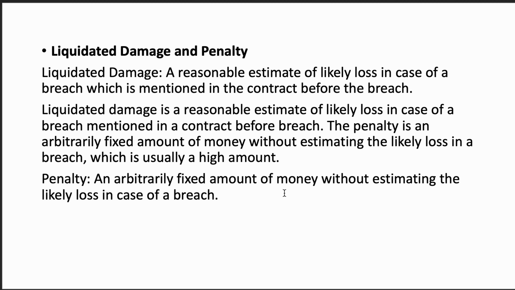If you're anticipating a breach of contract, or you want to take a prior precaution to stop the breach, both of the parties can come to a conclusion and fix an amount. In case breach happens, this particular amount has to be given to the other party as compensation, or as penalty, or as damages, and this is also allowed in the law.